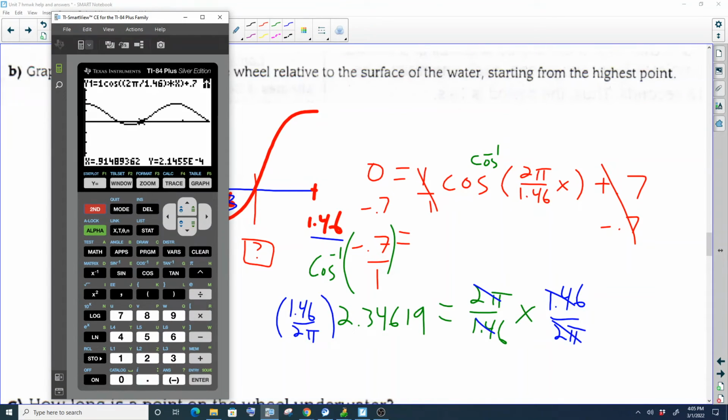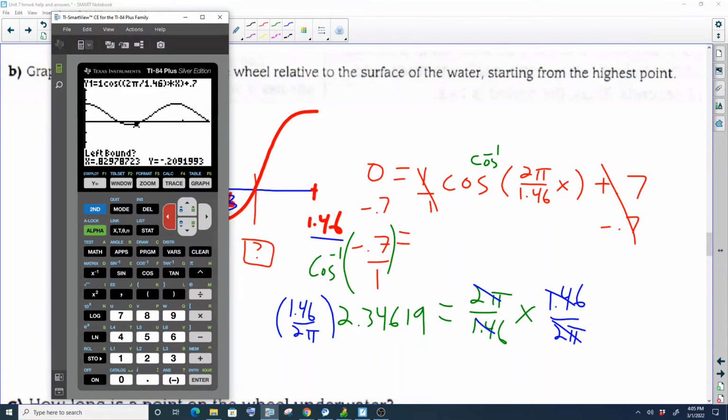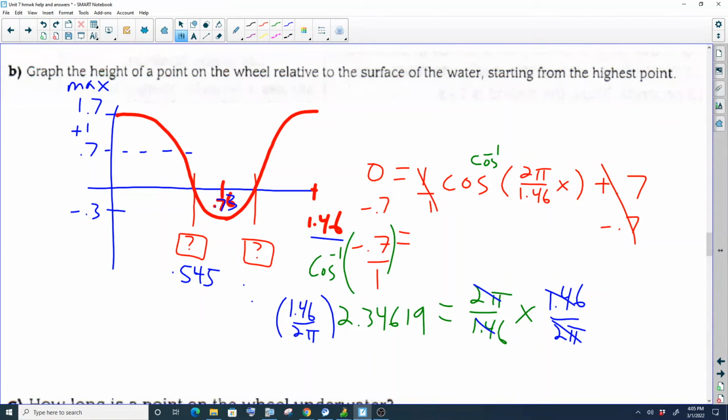So again, second calc, go to the 0 option. Left bound, enter. Right bound, enter. And then right about there, enter. So 0.9148, we'll say 0.915. So 0.915 is where it finishes being under the water.